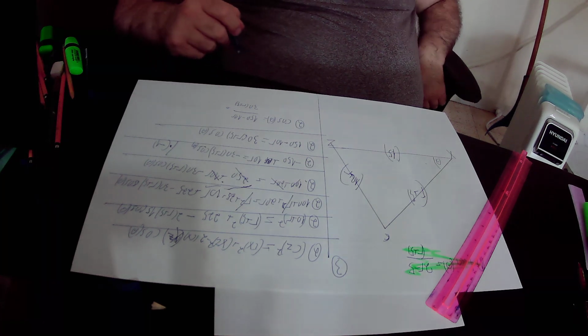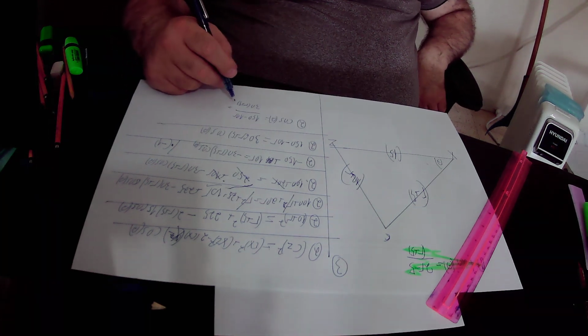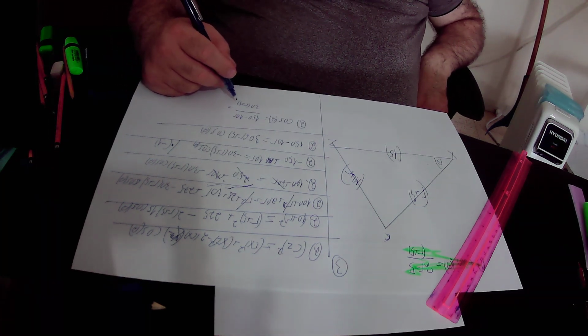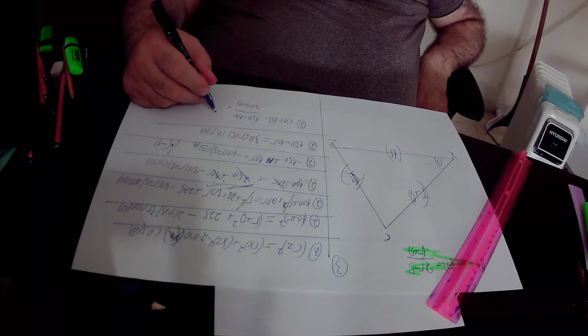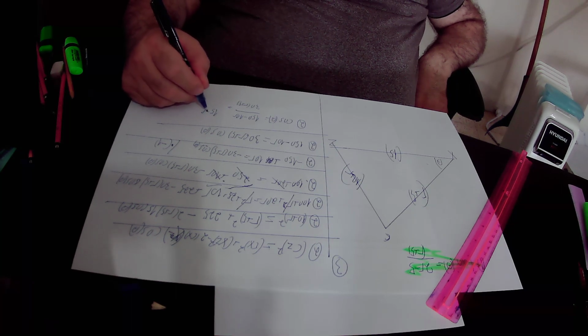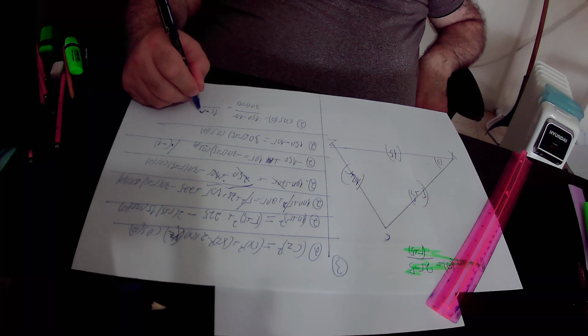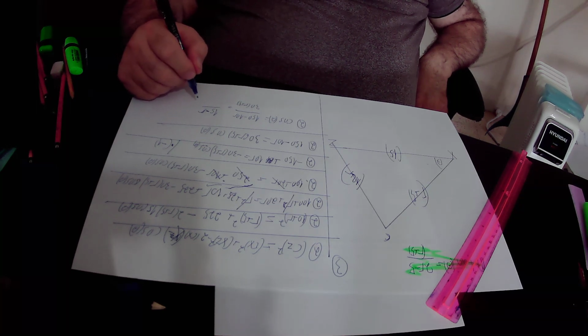Here we divide both the numerator and the denominator by 10, and we get 150 over 10 is 15, minus 10r over 10 is minus r, over 30 over 10 is 3.